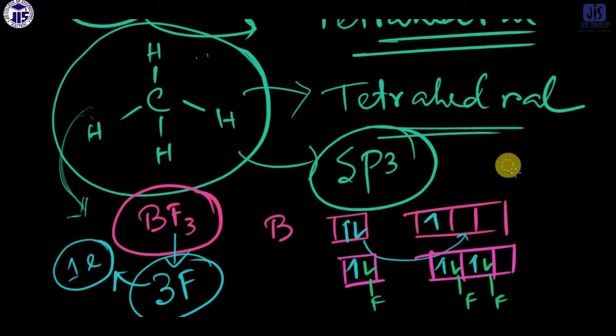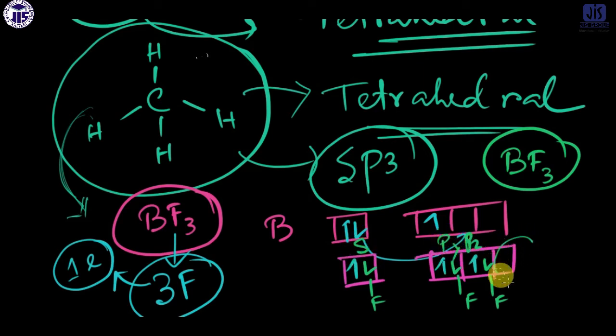Okay, so in this way it is the BF3, and hybridization 1s is there and 2p is there, because this is the vacant, so no responsibility of the hybridization.